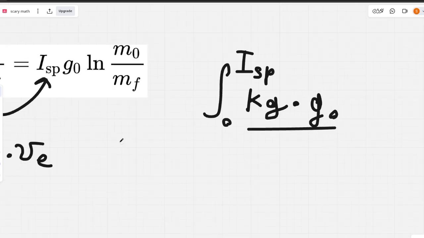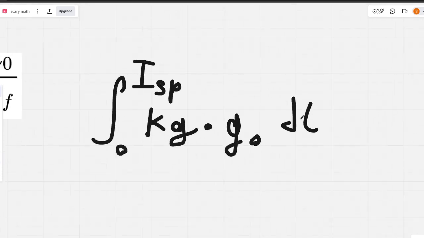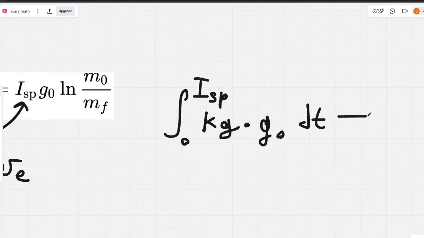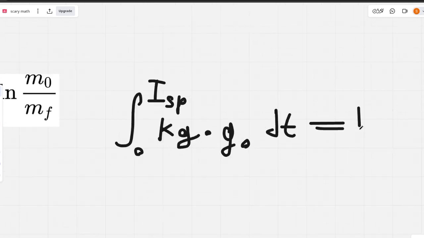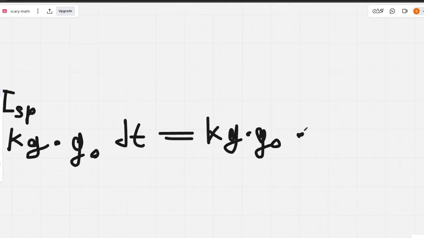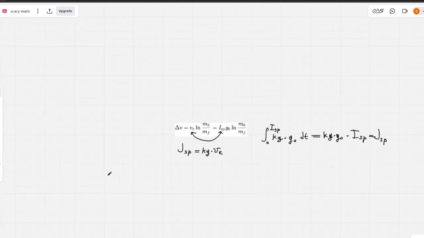That's gonna be the force required to keep it up, and dt, and essentially what we're gonna get is the total amount of impulse required to keep it up. Okay, g0 is constant, kilograms is constant, so that's gonna be just kilograms times g0 times ISP, and it's also gonna be equal to the other specific impulse that I denote with J.